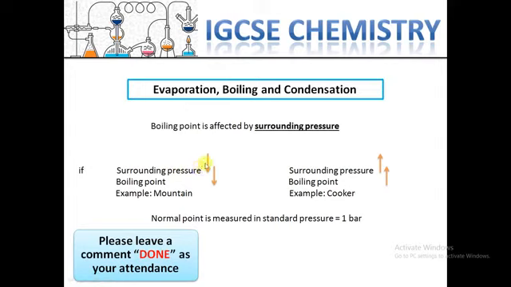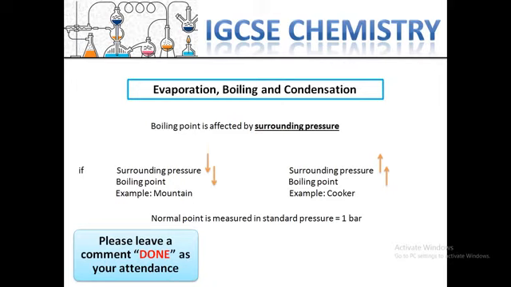Pressure is very low on a mountain, so the boiling point would be higher. Sorry, would be lower. Like pressure on the mountain is lower, so if we give heat to the water, the water would boil maybe around 90 or 85, something like that. So the boiling point would decrease in lower pressure.